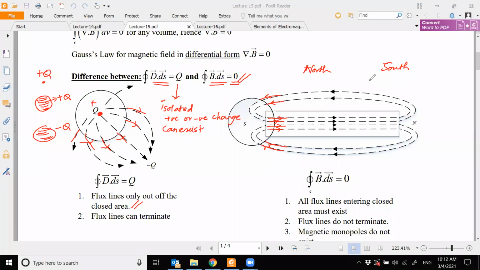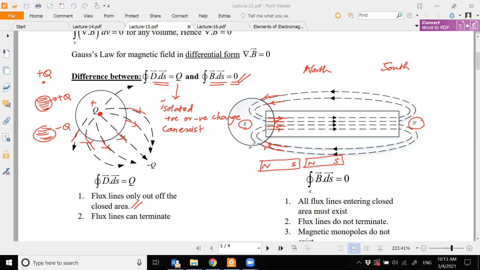And this we have been seeing from physics: if you have a magnet, the magnet will have a north pole and a south pole. And if you cut the magnet, trying to separate the north pole and the south pole, into two halves, then these two magnets will make their own north and south poles.